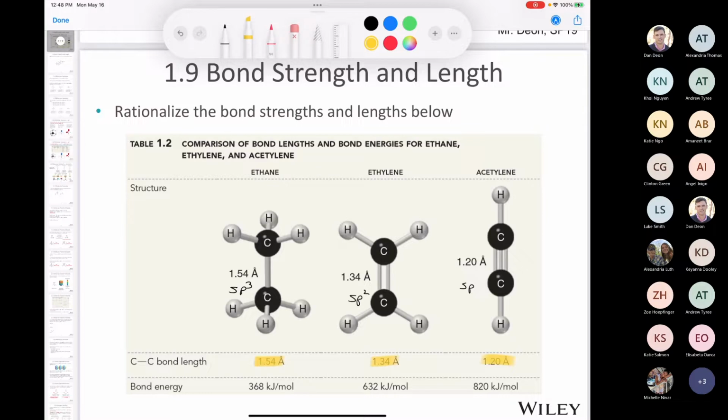However, you can imagine that we have a reverse trend in terms of bond energy. If we have more and more bonds overlapping, the bonds actually get stronger and stronger. So as we go from a single to a double, it doesn't double in strength entirely, but it's close to double in strength. And then it increases much more from there, right? It increases a lot.